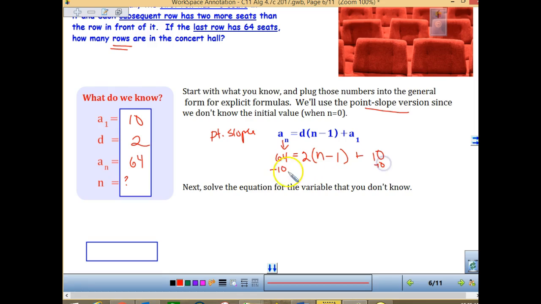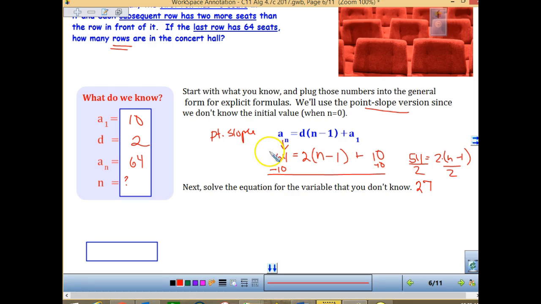I look at it and it's an easy one to subtract, and I get 54. I'm going to do my work over here. Is equal to 2 times n minus 1. And I then wouldn't still distribute, because 2 times this equals 54. I can see they're both divisible by 2.